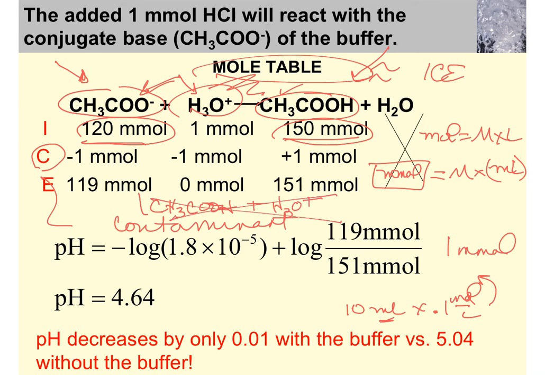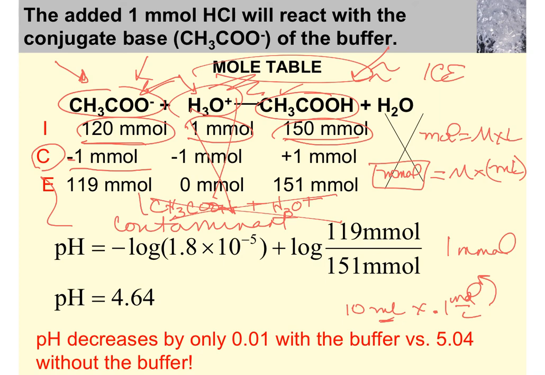So just get the right thing reacting. All right, so now we're going to assume that all of the contaminant, in this case acid, is going to react, and it's going to react with the base. So that's why it's minus 1 millimole. The acid should always be gone at the end of your mole table.